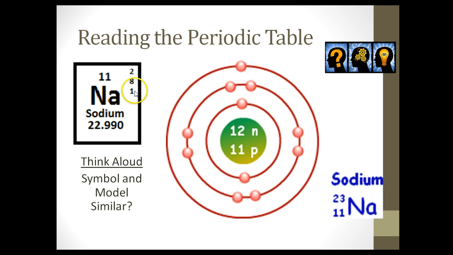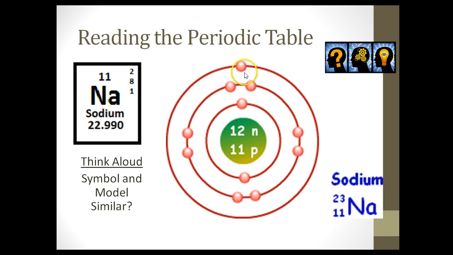And that's where the 2, 8, 1 comes into play. They're the electrons. So these numbers are the same. 2, 8 plus 1 is 11. And this is 11 protons because your protons and electrons will be equal in a neutral atom. But the 2, 8, 1 tells you how many electrons are on each energy level: 2 on the first, 8 on the second, 1 on the third energy level for a neutral atom of sodium.